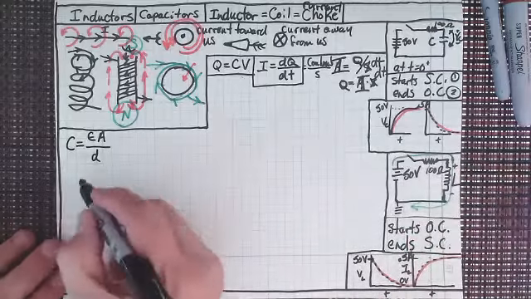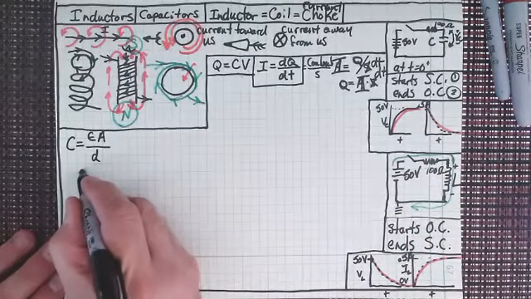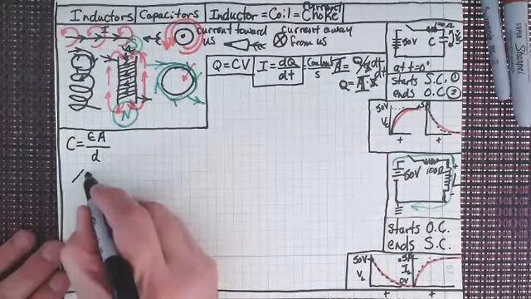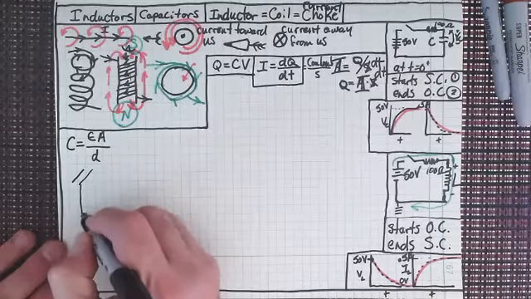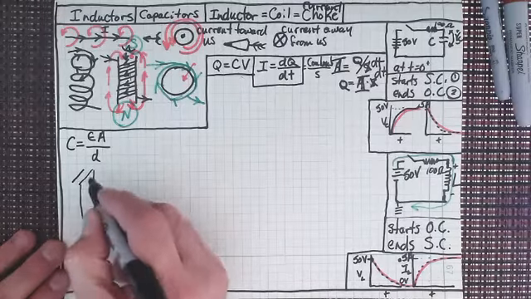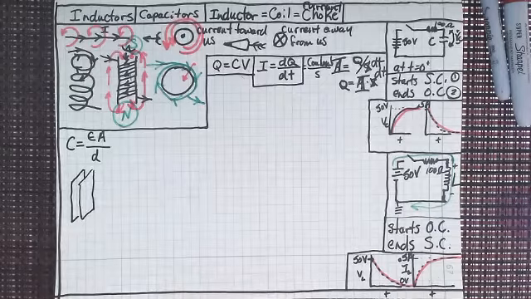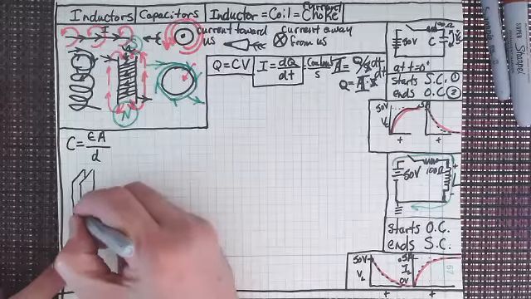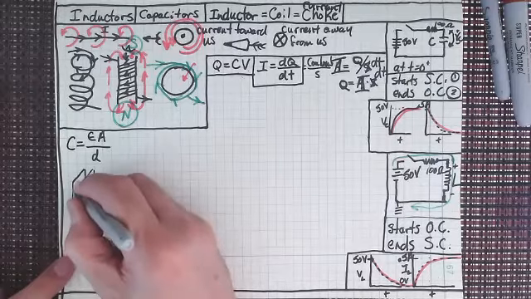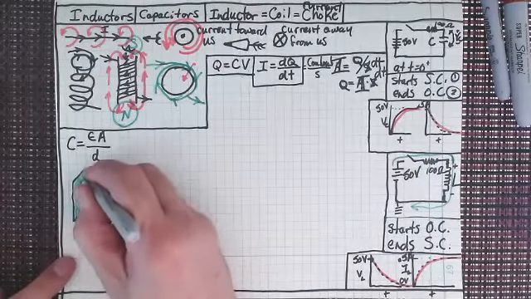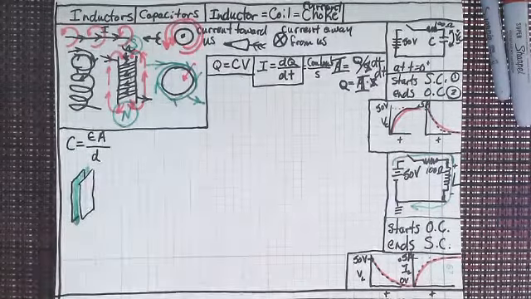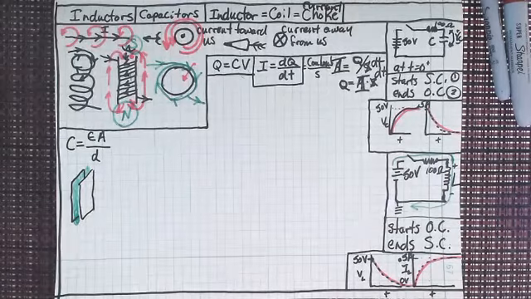Now let me just draw a capacitor and explain what these individual variables are, right? So let's say I've got my capacitor here, 2 plates separated by a dielectric. I'm going to get the green pen. I've got a nice dielectric insulator. Not all dielectrics are pure insulators, but most are.